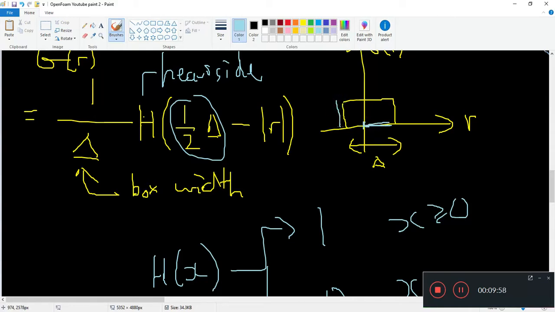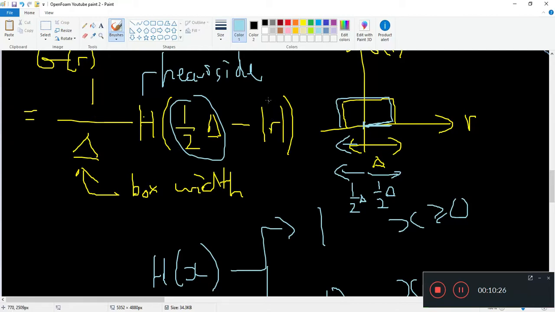I should draw it such that delta is evenly spaced in the center. We should draw that box such that it is half delta this way, half delta the other way. So it's half delta on the left, half delta on the right.